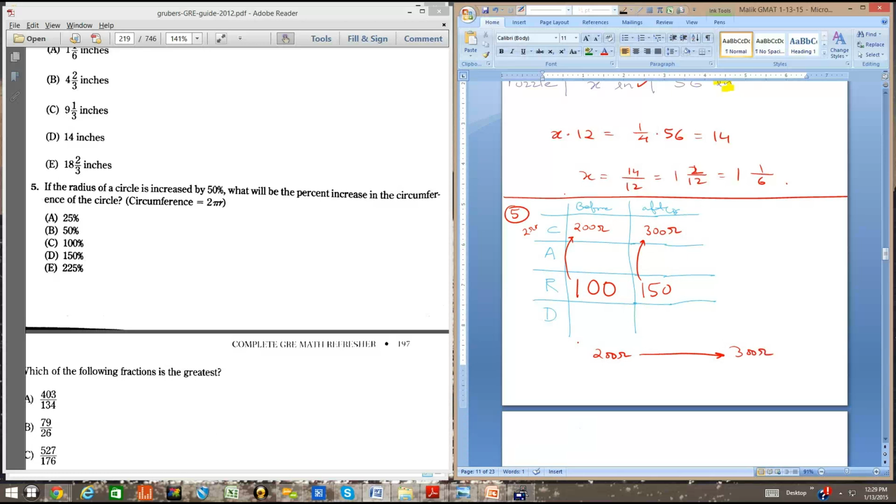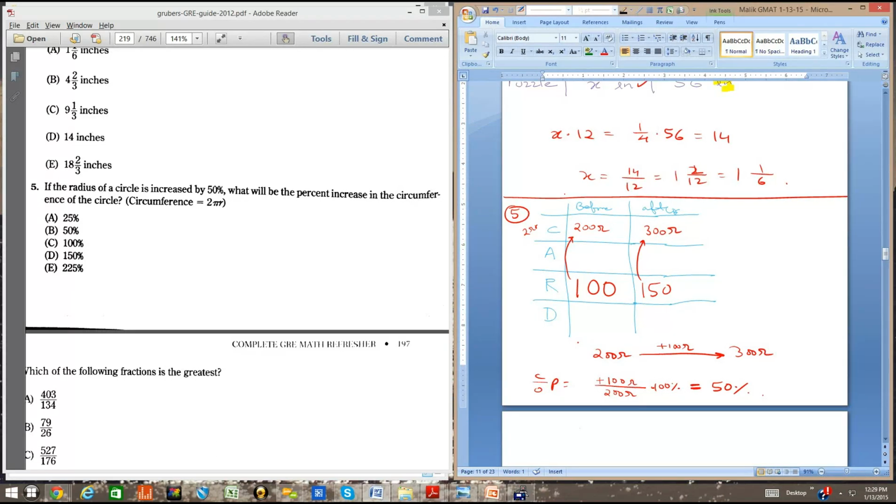That's a plus 100 pi. That's your COP method. So it'll be 100 pi on top, over 200 pi, times 100%. That equals 50%. Is that clear?